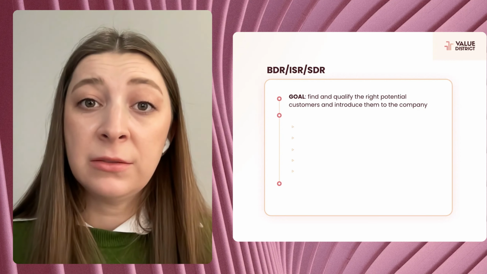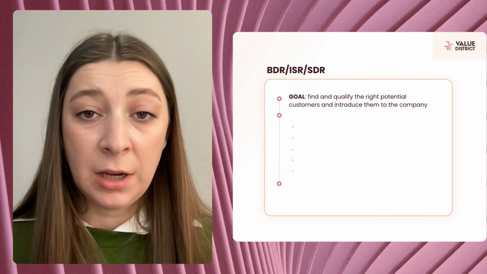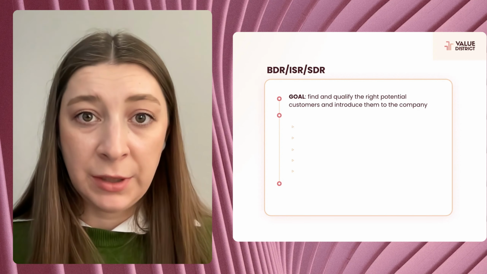Now let's talk about the types of sales personas, their goals, and what enablement assets they may need. We'll start with BDRs, ISRs, and SDRs. For BDRs, ISRs, and SDRs, the main goal is to find and qualify the right potential customer and introduce them to the company.